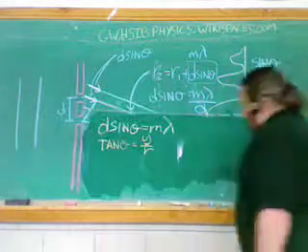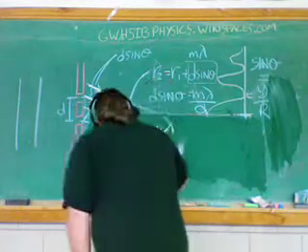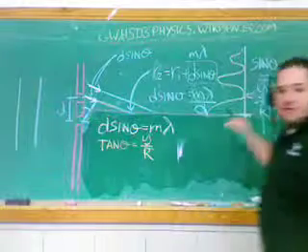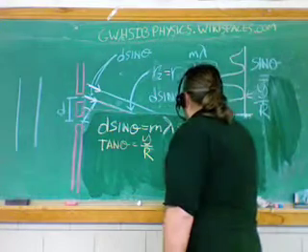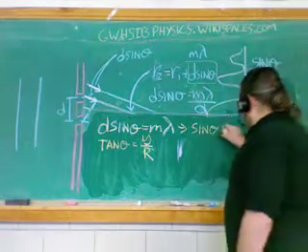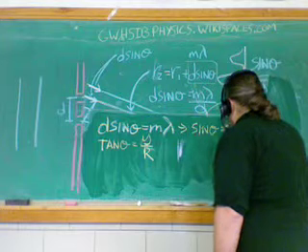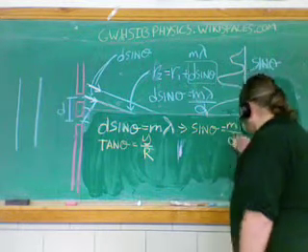Now y was the distance from here to here. This big R was the distance from the screen to there. So what I can say here is that sine theta is equal to m times the wavelength over d.